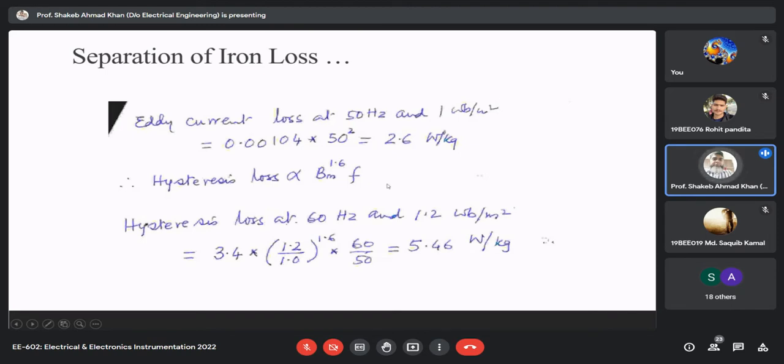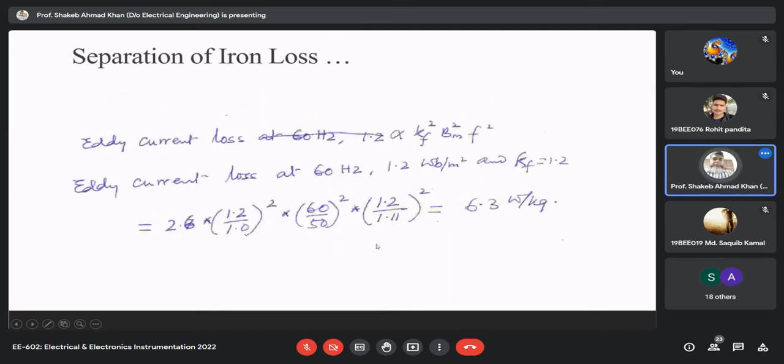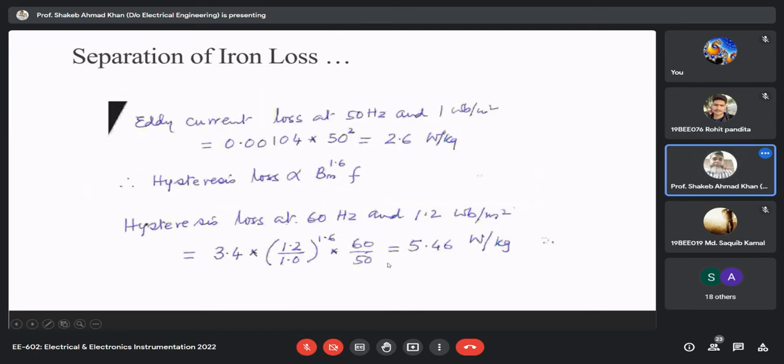So whatever hysteresis loss we calculated for the same sample at 50 hertz and 1 Weber per square meter, we divided it by 50 hertz and multiplied by 60 hertz, and the flux density is now 1.2 Weber per square meter. This is simple arithmetic as far as this part is concerned, and then we got the hysteresis loss.